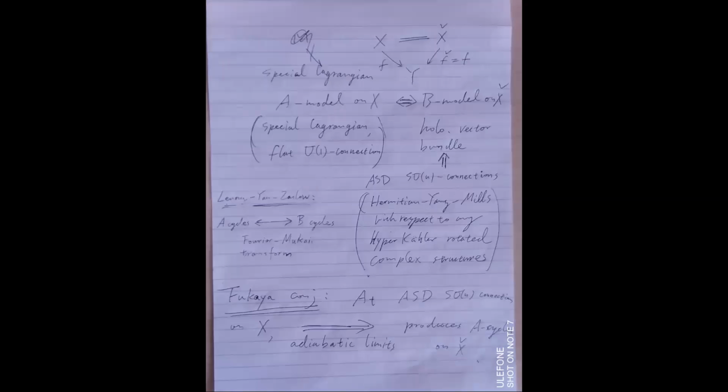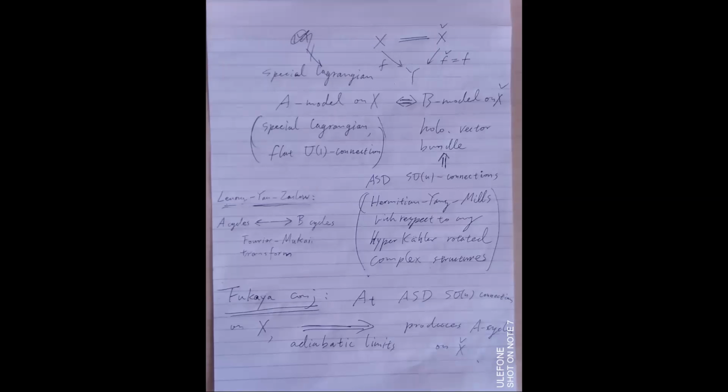So first, under our setup we use the hyperkähler rotation. Then our holomorphic fibration becomes the so-called special Lagrangian fibration. We take the dual fiber of this special Lagrangian fibration, and we end up with the mirror of the original K3 surface.